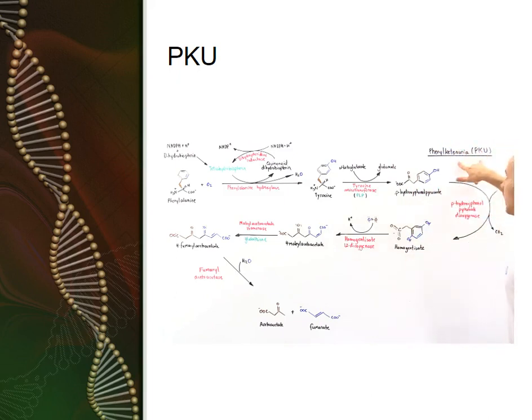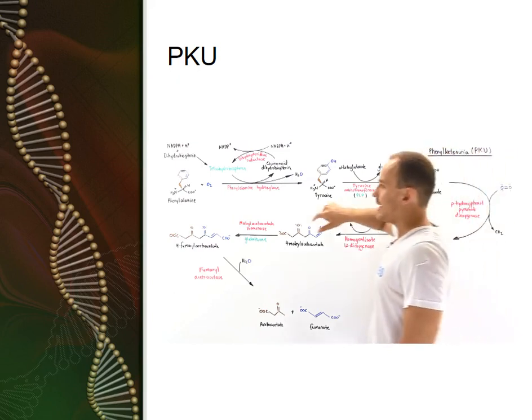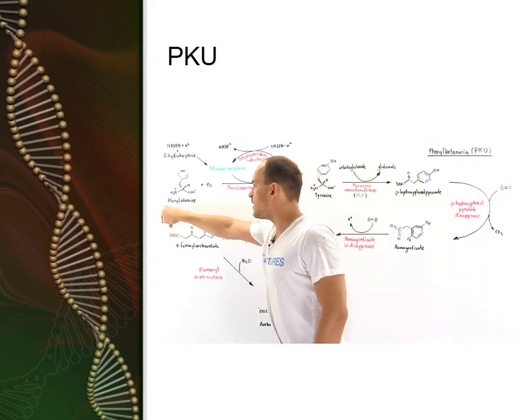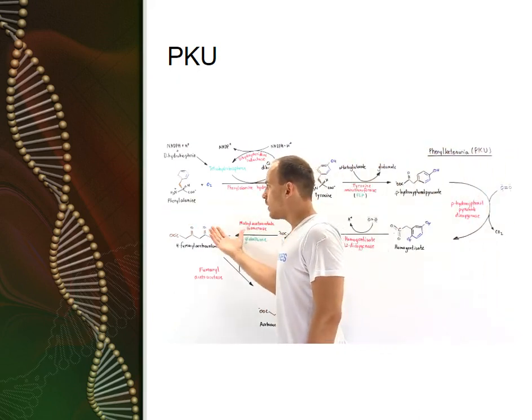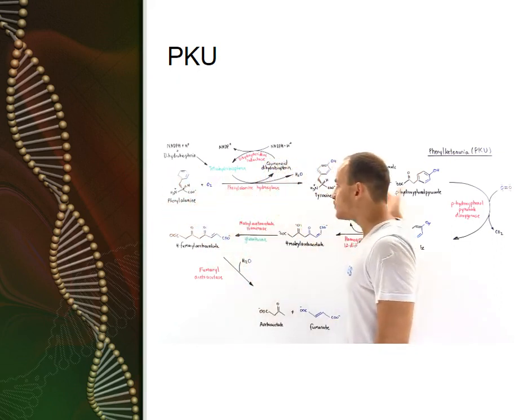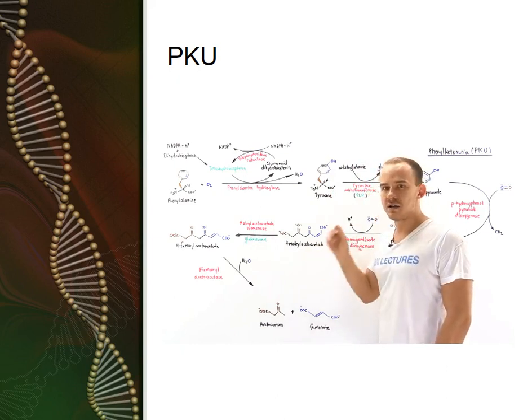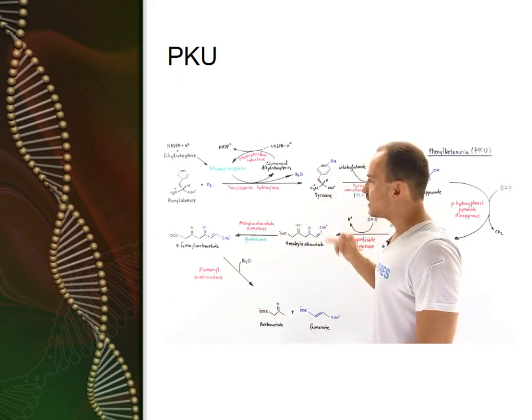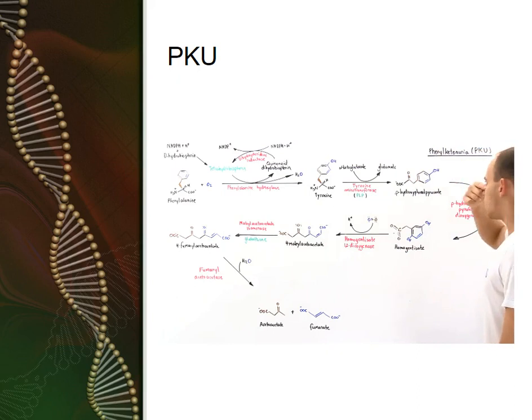And so we see that the problem in these patients is elevated levels of phenylalanine. And the only way that we elevate levels of this molecule is if this reaction does not take place at a high enough rate. And that's exactly what the problem is in patients with PKU.